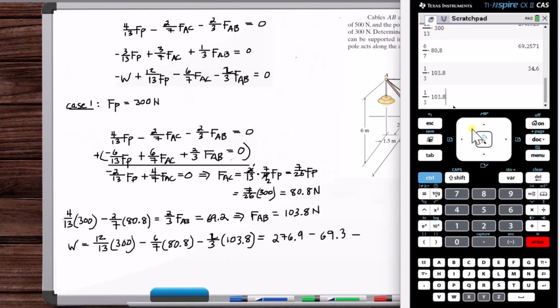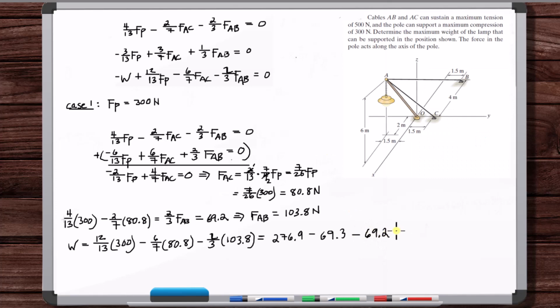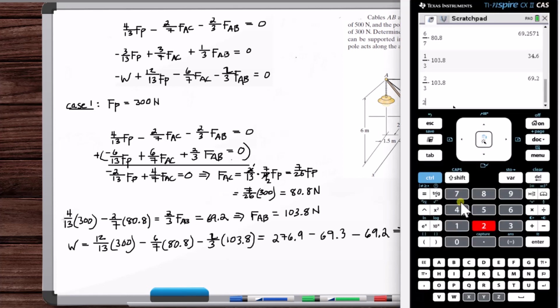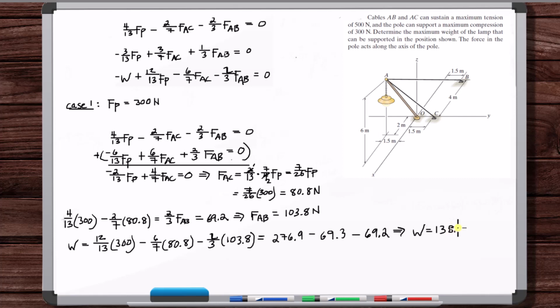In this case, we've got our W is 138.4. Okay, so this is for the scenario where the pole is under the maximum load it can take. This is the weight of the lamp.